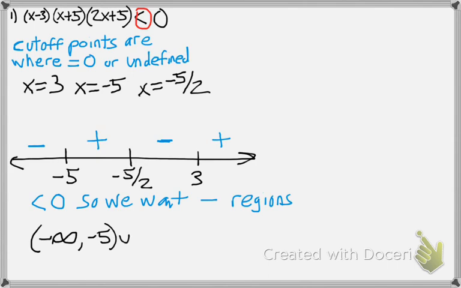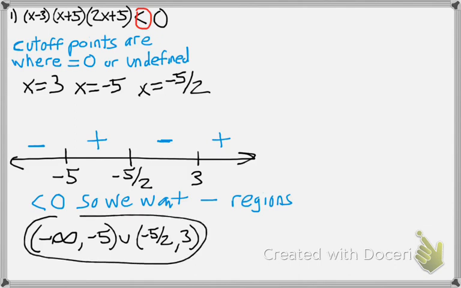And then I'm going to jump to negative 5 over 2 and take that to 3. So this is our answer, and it's an interval. It's not just one number, it's an interval of numbers. So any of these numbers in these intervals would work in the original inequality.